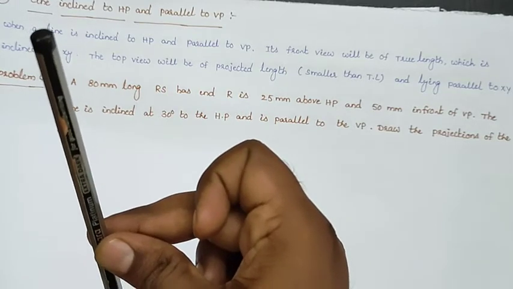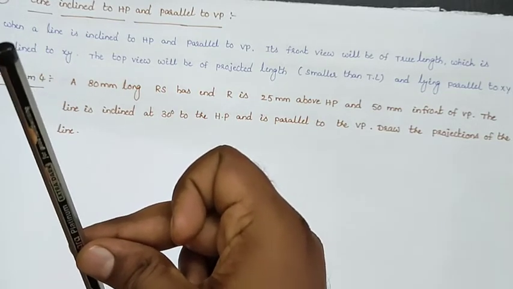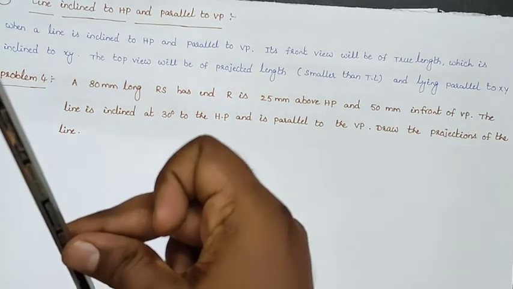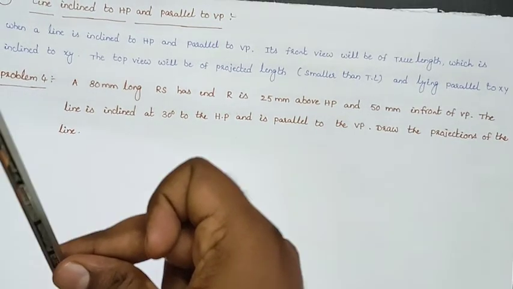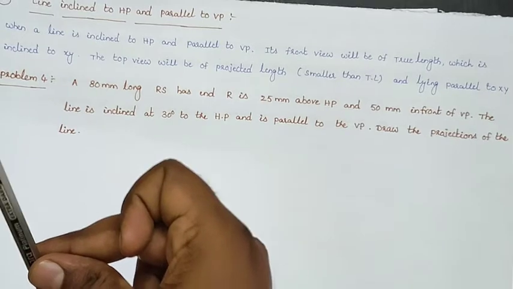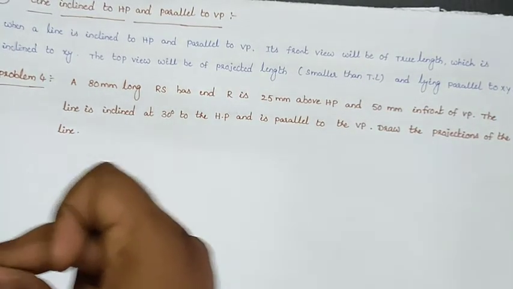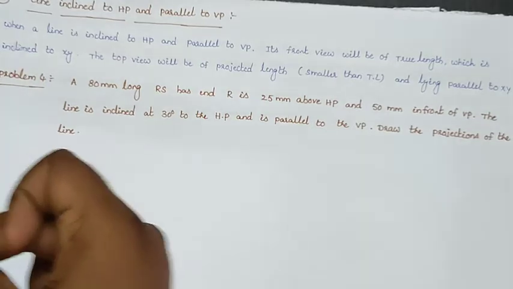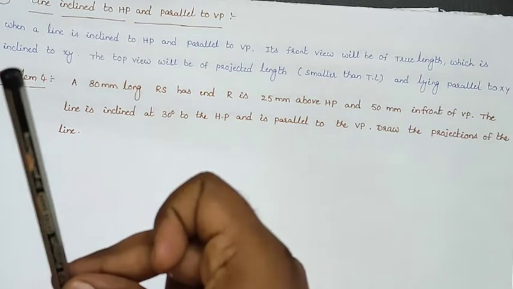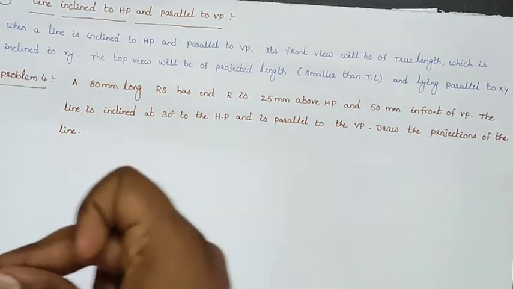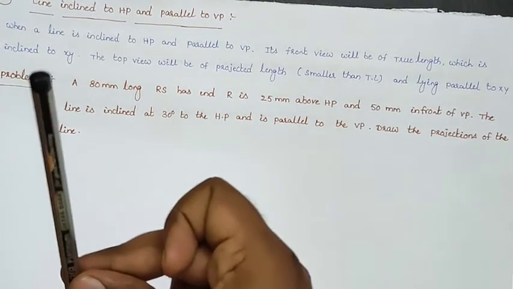So when a line is parallel to VP and inclined to HP, if you see the object from the front view direction, we will get the front view as an inclined line. The front view is the true length of the line, which is inclined with respect to XY.